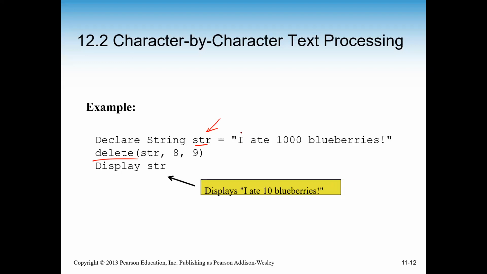So again, just 0, 1, 2, 3, 4, 5, 6, 7, 8, 9, 10, 11. So you're saying for the string, delete everything from 8 to 9. You're basically deleting these 2. And you do end up with, I ate 10 blueberries. Any questions?